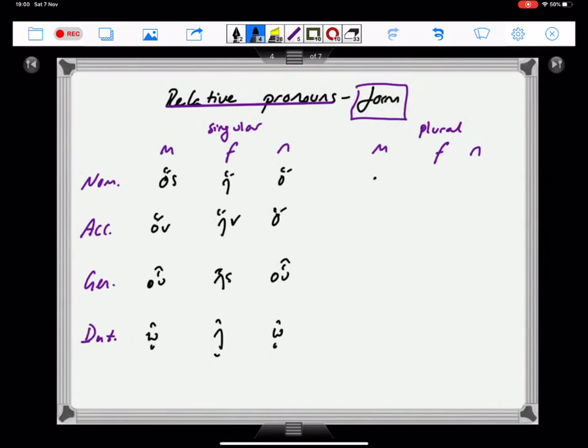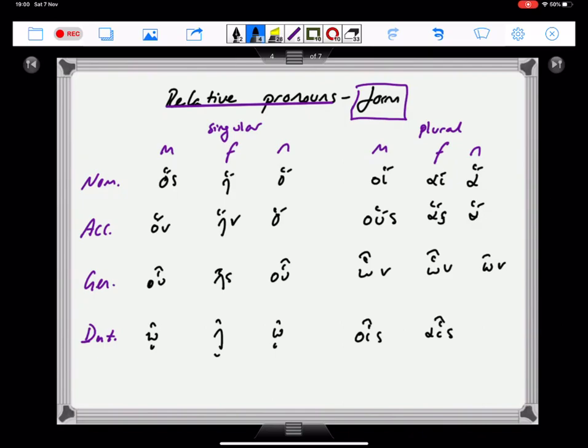Followed by hoi, hai, ha, hous, has, ha, hon, hon, hon, hois, hais, hois.